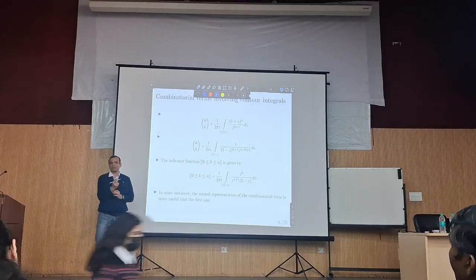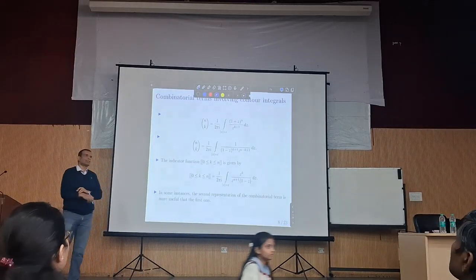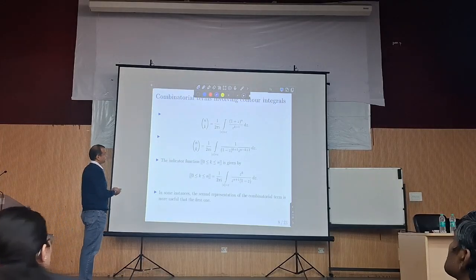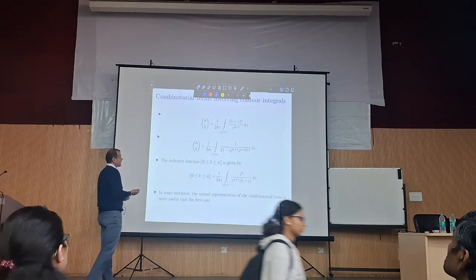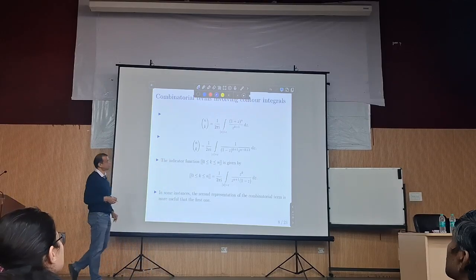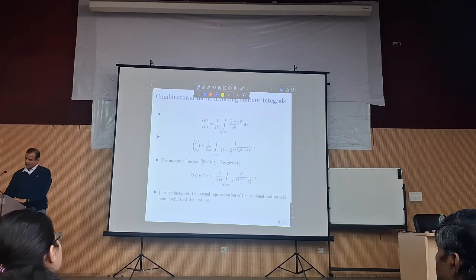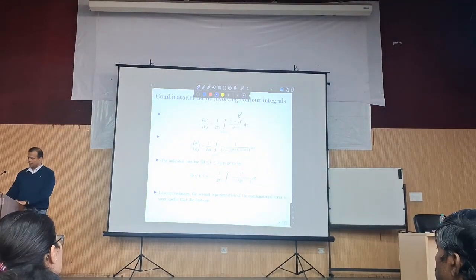So here is where we are going to see where combinatorics comes into action. Okay. So let's look at this: n choose k. Now n choose k, I can actually write in the following integral: 1 plus z to the n over z to the k plus 1 dz. Why is this true? Let's just expand 1 plus z to the n by the binomial theorem.